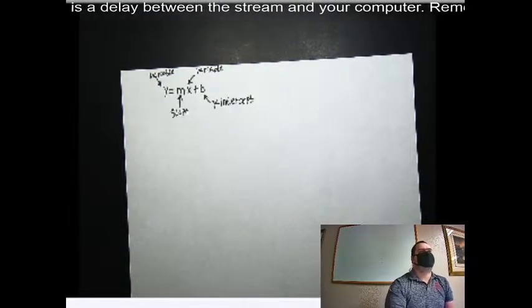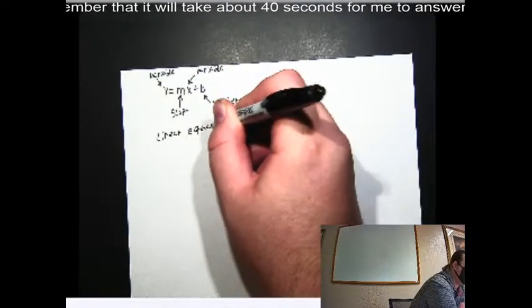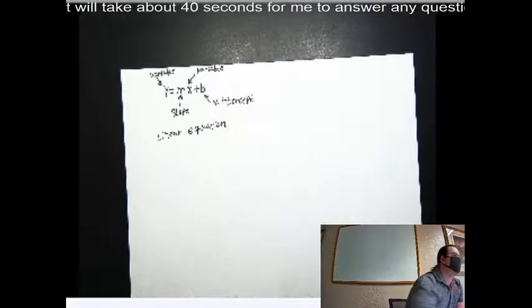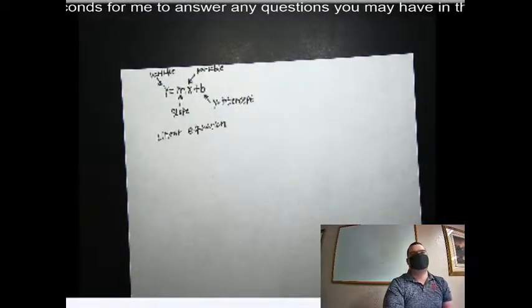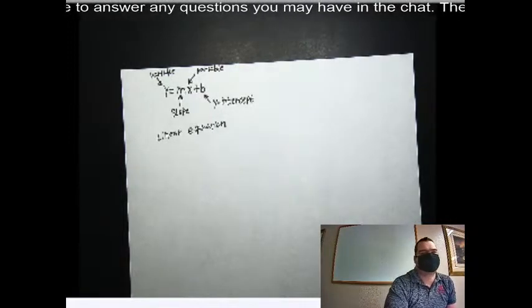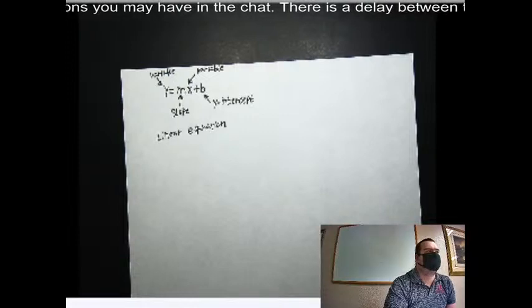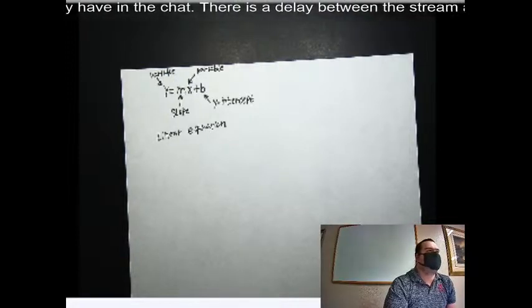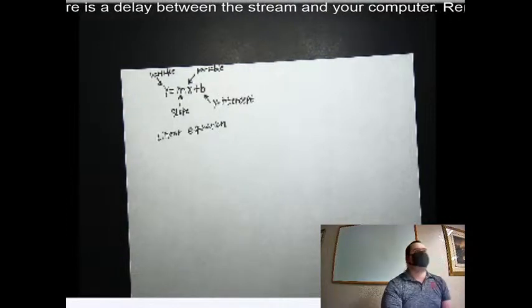And again, this is a basic form of a linear equation. And you've probably seen this before. You probably saw it somewhere like high school. Now, in stats, we have a slightly different version of it. And it's actually up on the board.